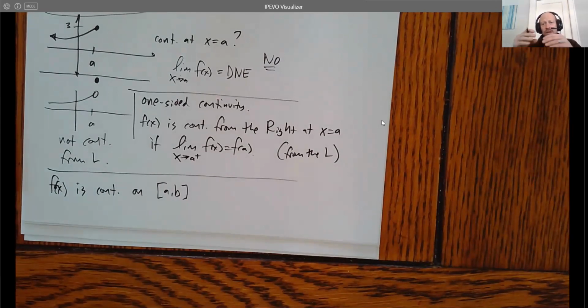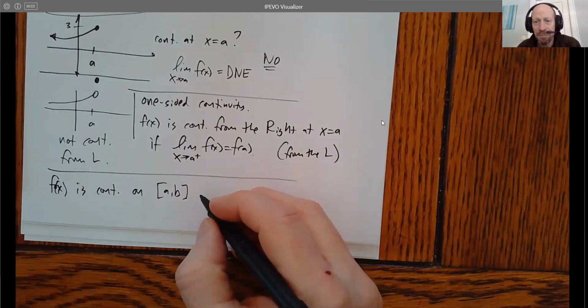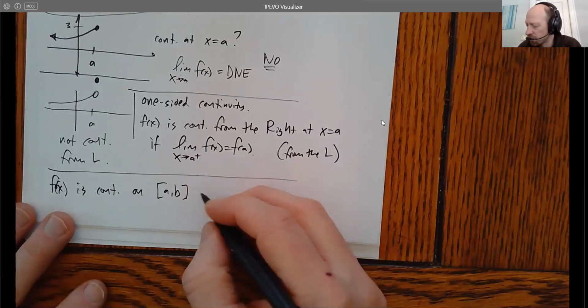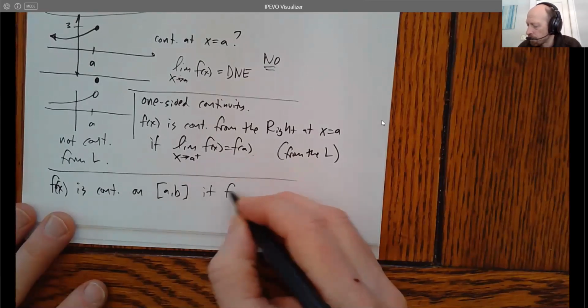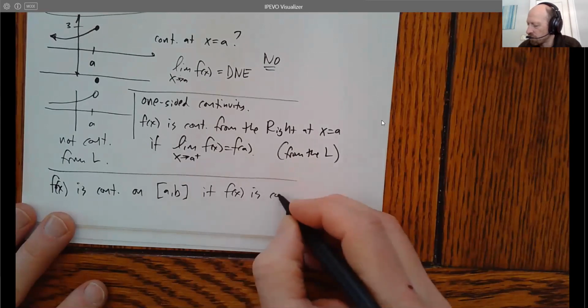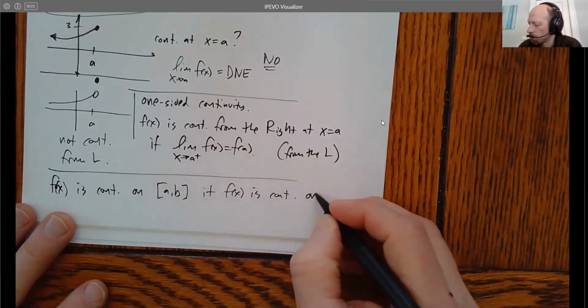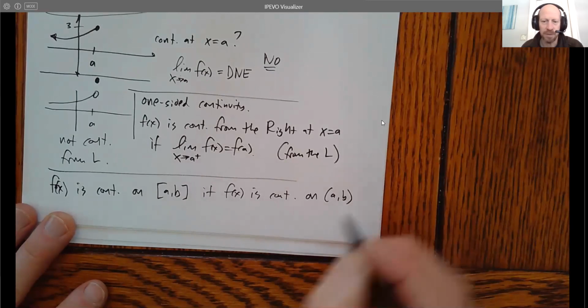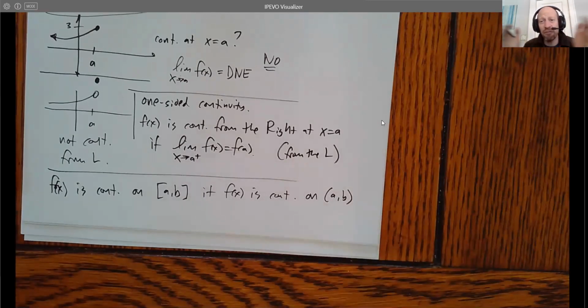That means everywhere between a and b and also including a and b. It's continuous on this closed interval if f of x is continuous on the open interval a to b. That means it's continuous everywhere except the endpoints. That's number one, and you can just use regular continuity for that.